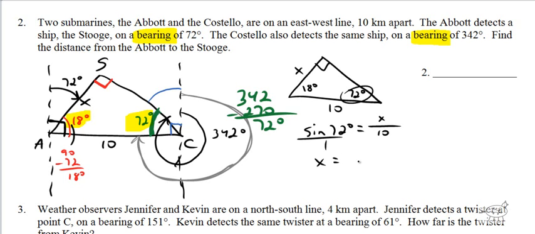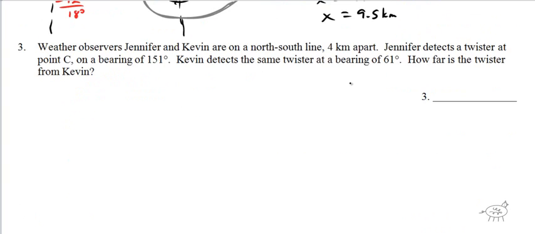Okay, cross multiply, x equals 10 sine of 72. So x comes out to be 9.5 kilometers. Okay? Really not that bad. Not bad at all. All right, let's keep going here.